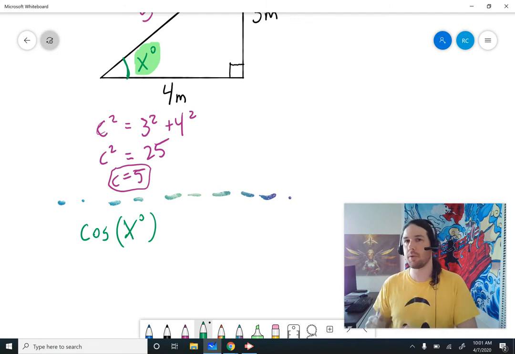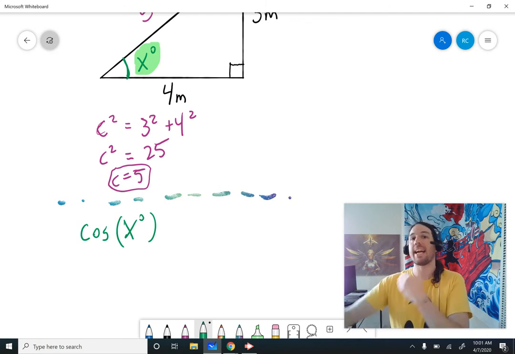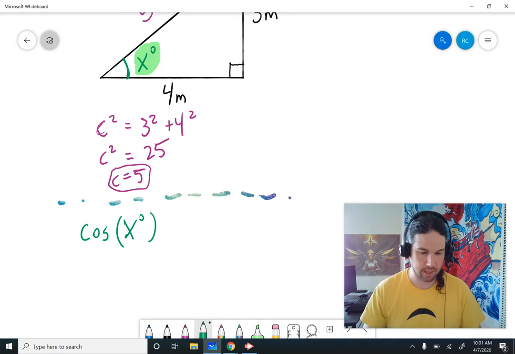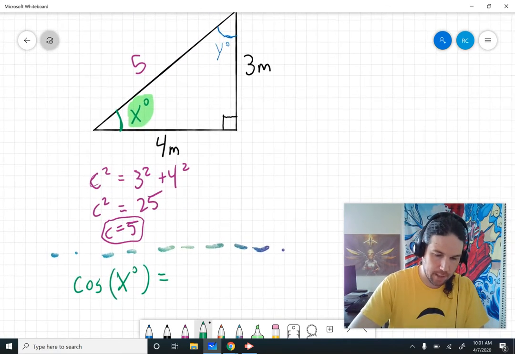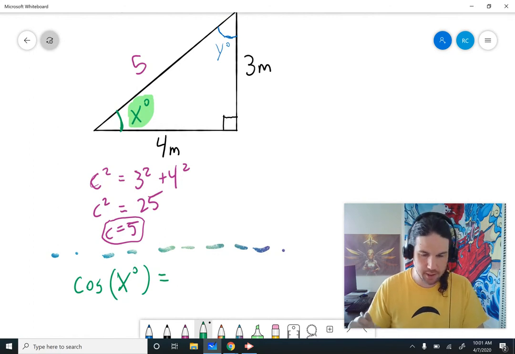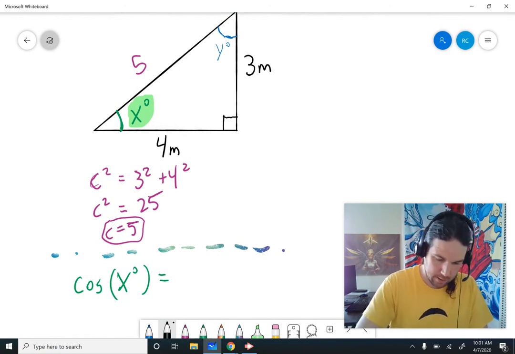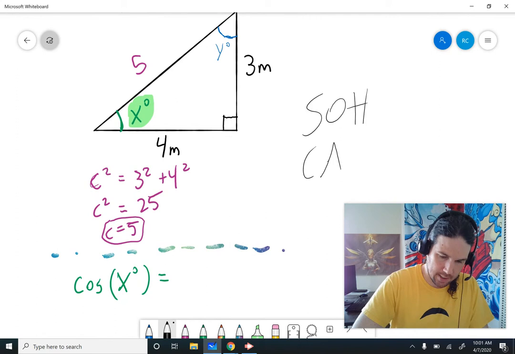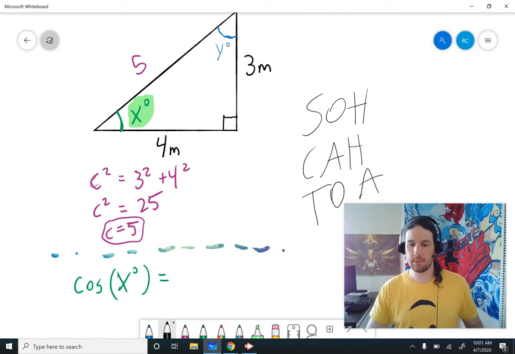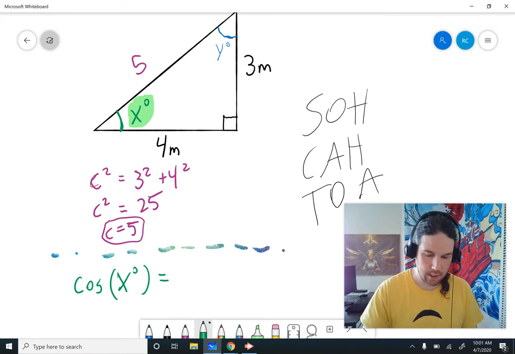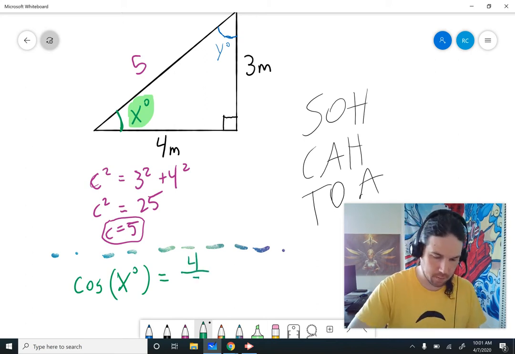This time we're going to know what the ratio is, and we're going to backtrack that to find the angle. So that equals adjacent over hypotenuse. Let's see. Cosine is adjacent over hypotenuse. Ooh, I forgot to write it. Sorry, almost forgot. So yes, cosine is adjacent over hypotenuse. Adjacent to that x is 4 meters. Opposite is 5 meters.